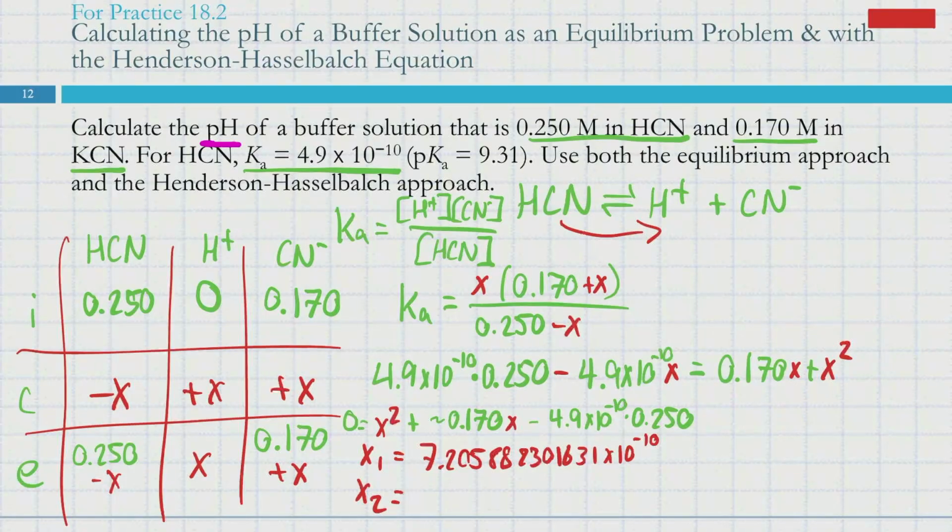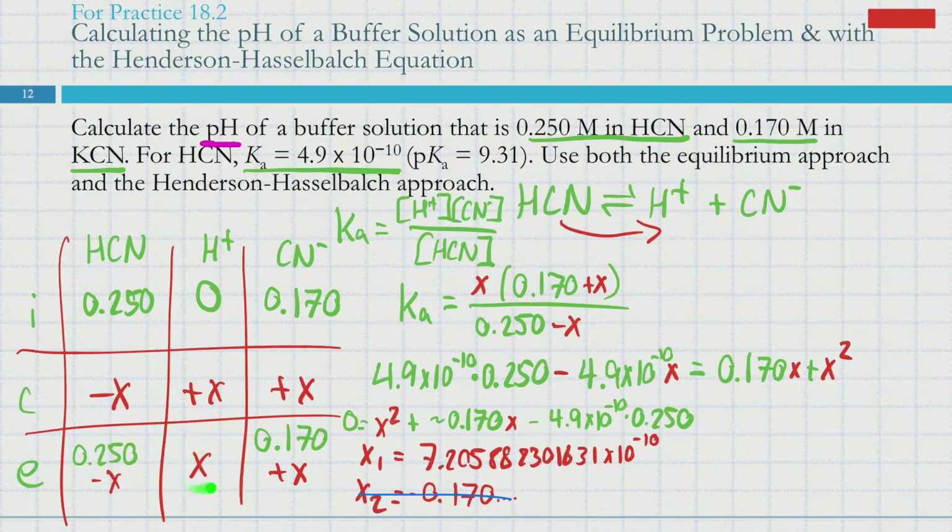X2, I'm wondering if I put something in wrong. Negative 0.170 dot dot dot. It's negative, we're not going to be using that one. Oh no, I'm fine here, probably. Okay, so this x1, that's the value that we care about.